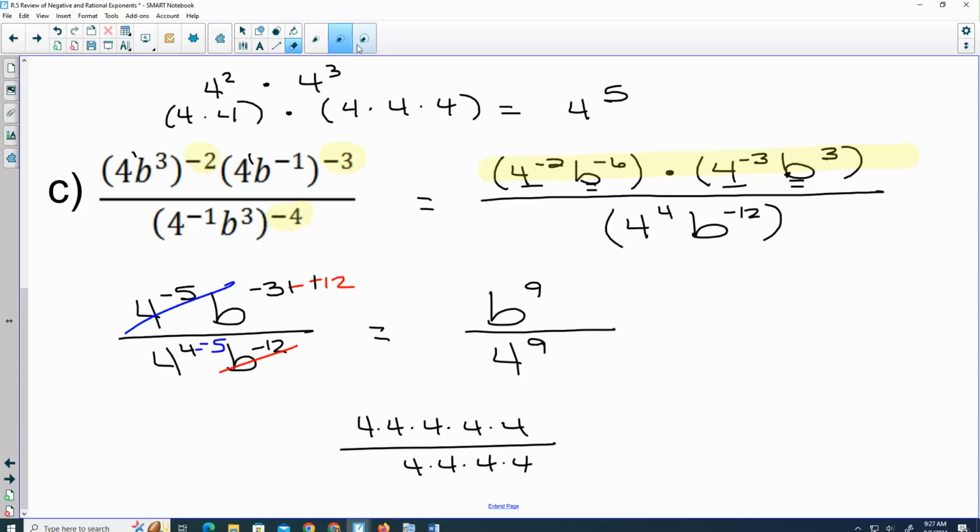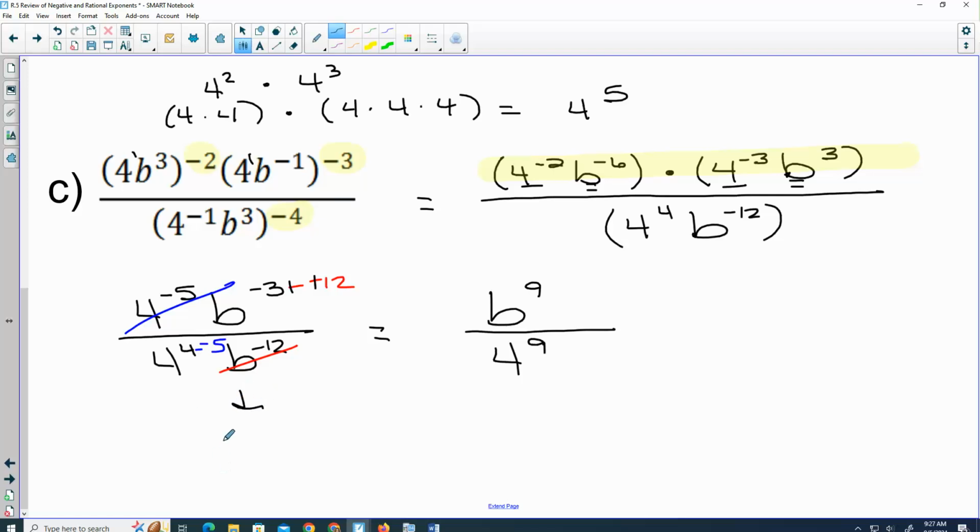So the reason that we didn't get rid of them entirely has to do with the negative a little bit, but when you are dividing, we never get rid of our base, we just subtract our exponents. Or if you don't like the subtraction thing, you could say, well, 4 to the -5th could come down to the bottom and it would be a positive. And we had a 4 to the 4th on the bottom. So you have 5 fours here and 4 fours here, which gives you a total of 9 fours.